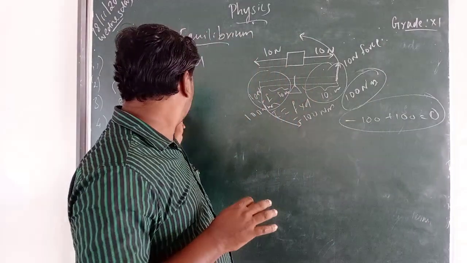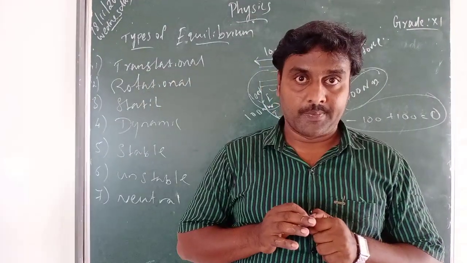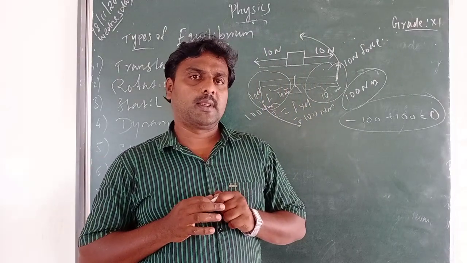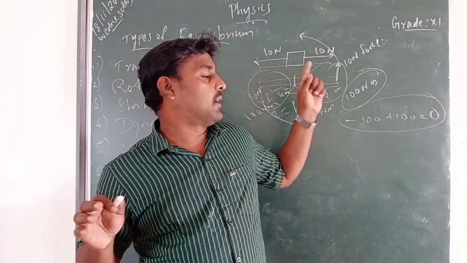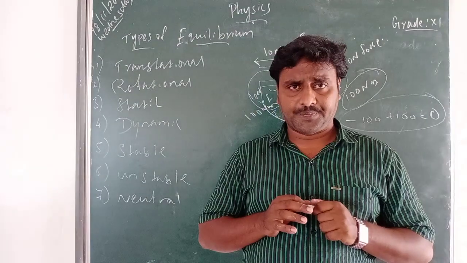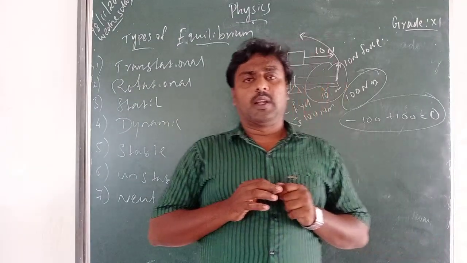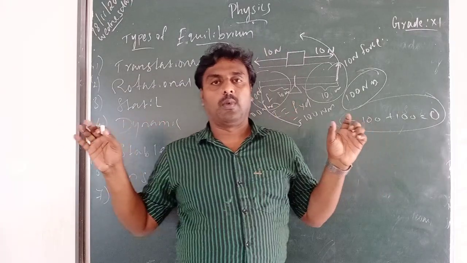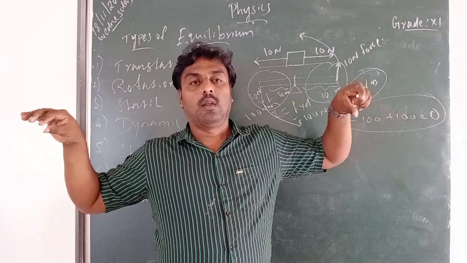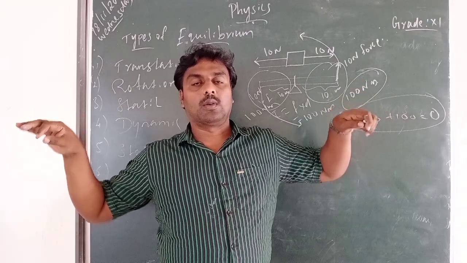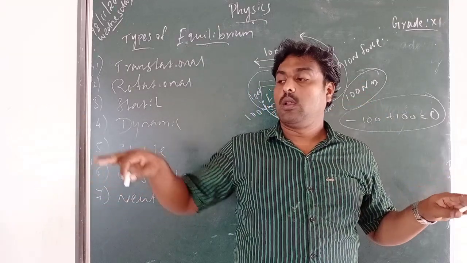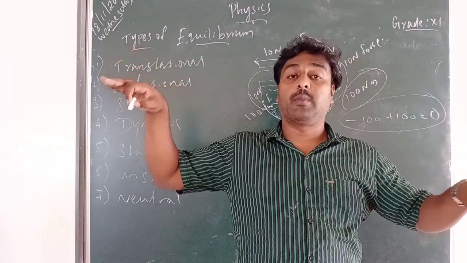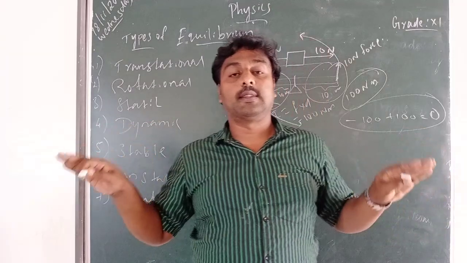Next one is static equilibrium. For static equilibrium, you can take the same seesaw example. Assume a person is sitting on each side. Neither side is lifting, both are balancing and sitting there.